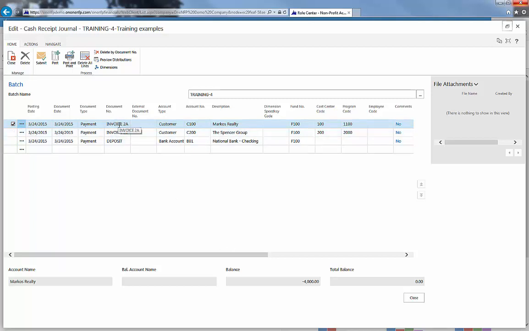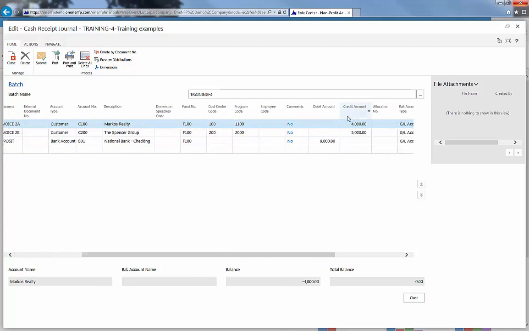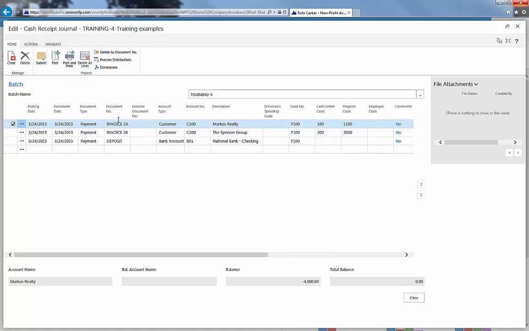We have put the invoice number over here in document. We've got our money, we've got our balance entry. The problem is the software uses document number to link related entries to know that a document is balanced. So this would actually fail because it looks at invoice 2A as a unique document and it's not balanced.